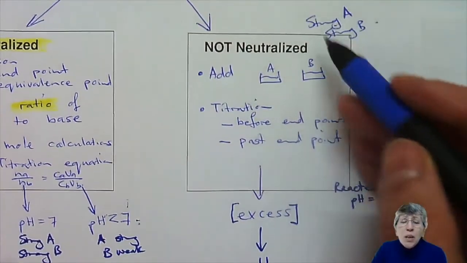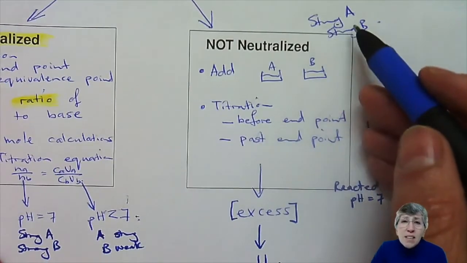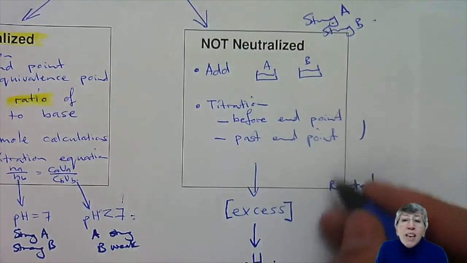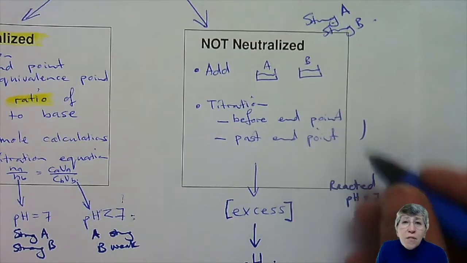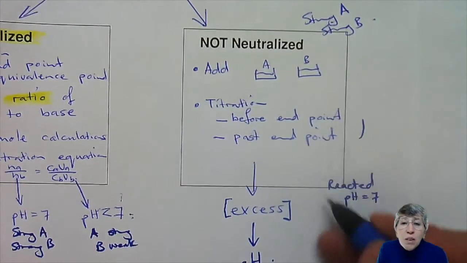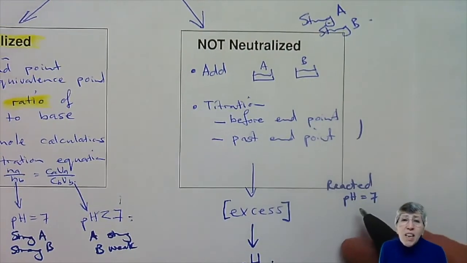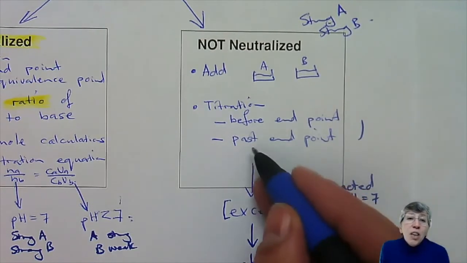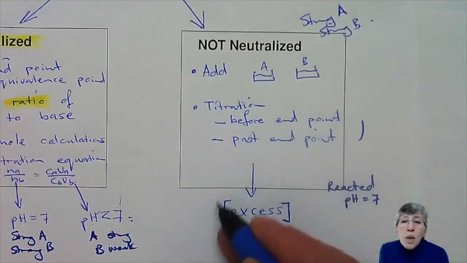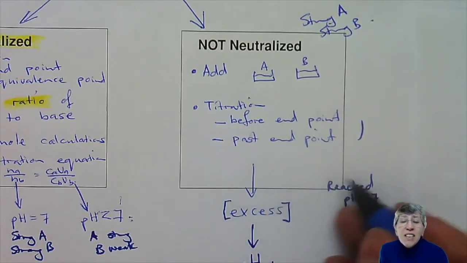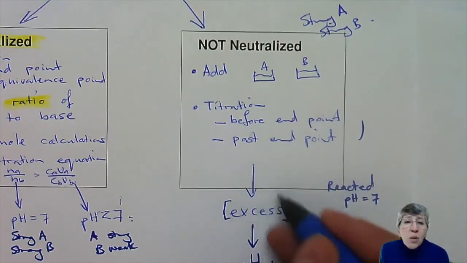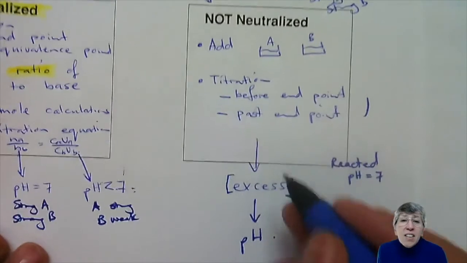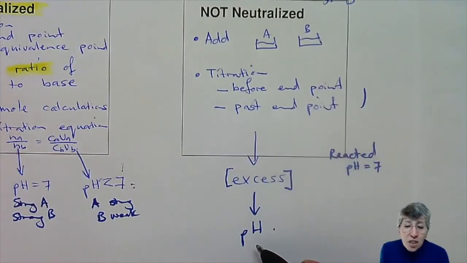And then we know all the acid and bases that reacted, we can ignore because if they're strong and strong, they end with a pH 7. We can ignore them and only say, okay, I need to know what did not react. What is lying around there that did not react? And what is in excess, that will determine my pH, right?